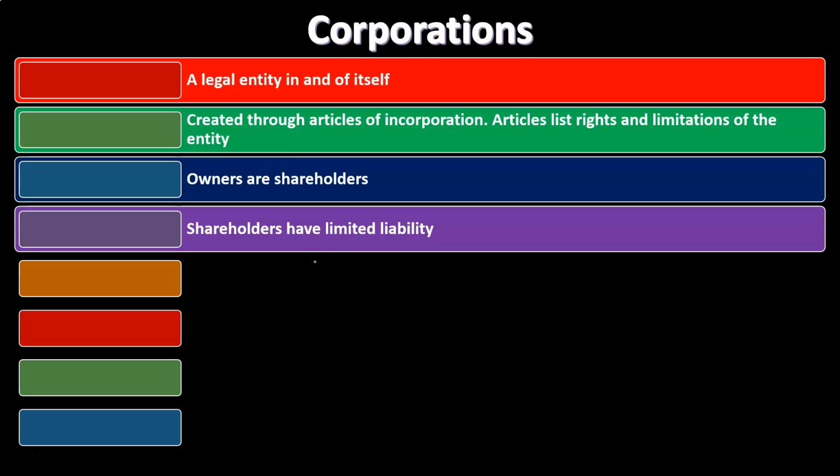Now that's going to be huge in terms of capital generation, because if you can invest in the corporation and have some kind of liability protection, then the corporation is more likely to be able to generate that capital through investments.